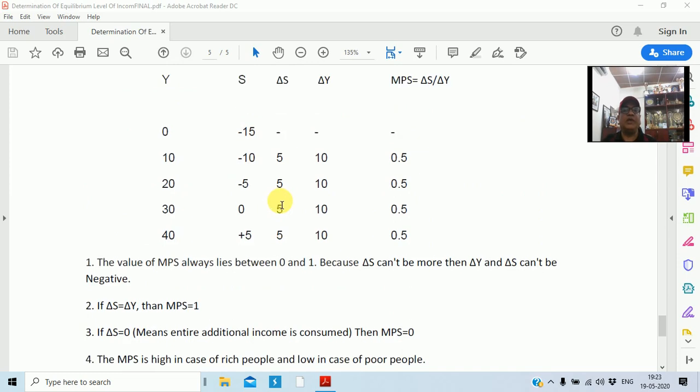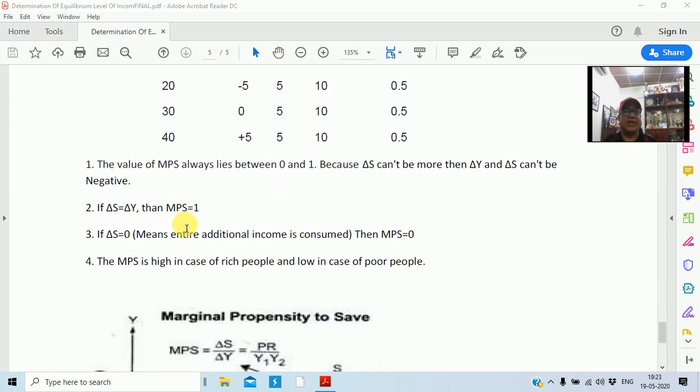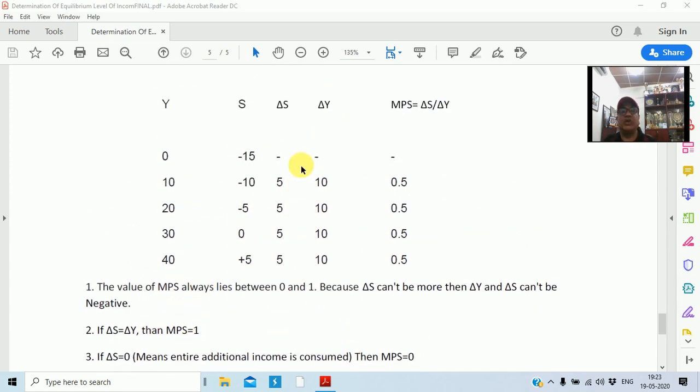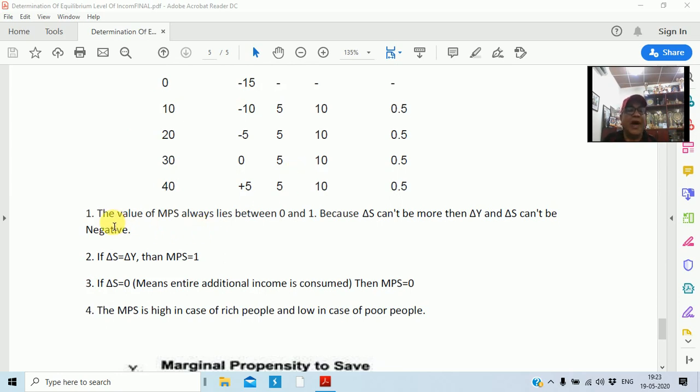So what do we learn about MPS? What is the character of MPS from this schedule? We find the value of MPS always lies between 0 and 1.